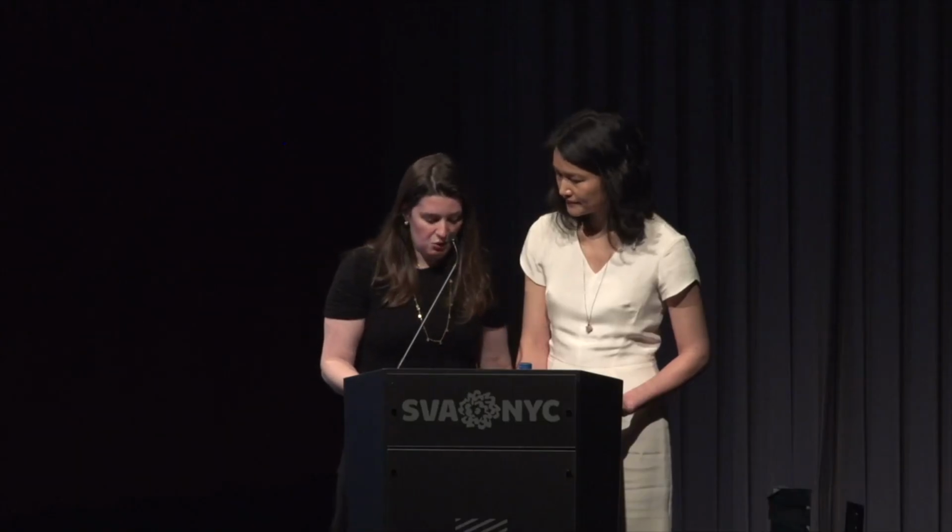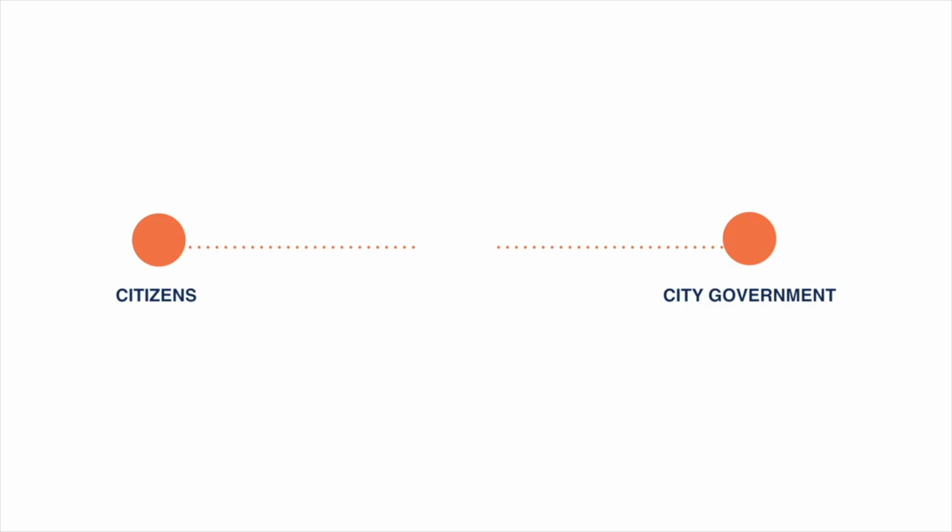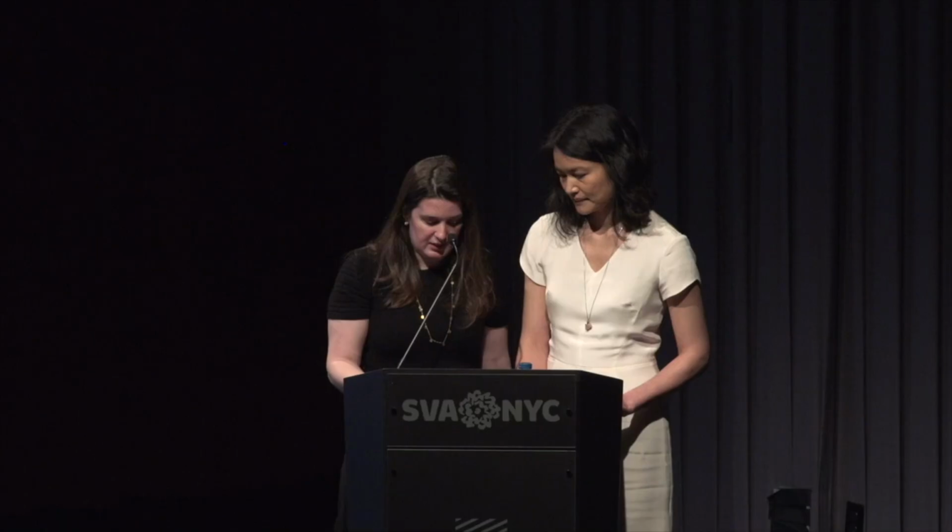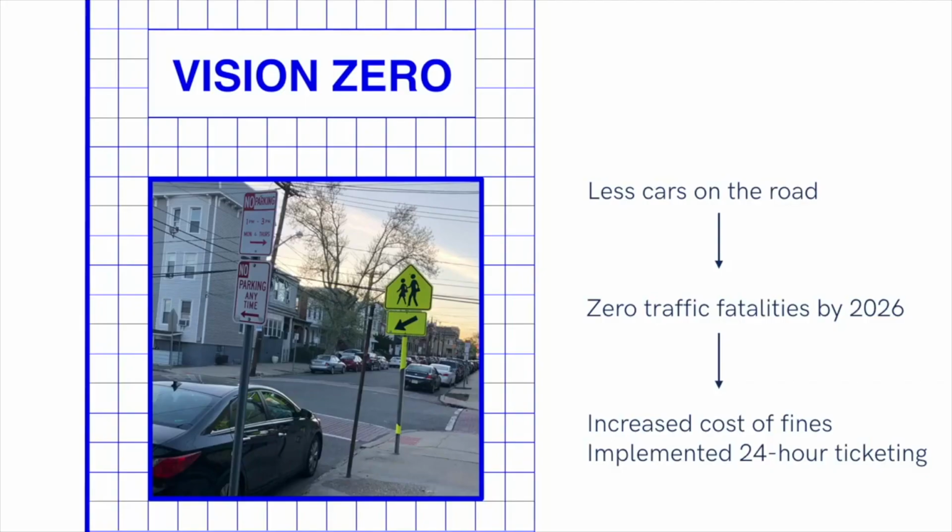The citizens don't know why this has become a problem overnight, but this lack of information, combined with decades of inaction by the city, is causing mistrust. Last year, Jersey City adopted a Vision Zero policy for safer streets. Its goal is to have less cars on the road and zero traffic fatalities by 2026.